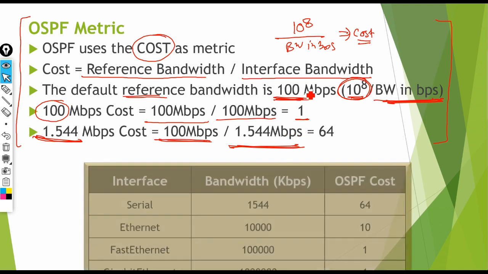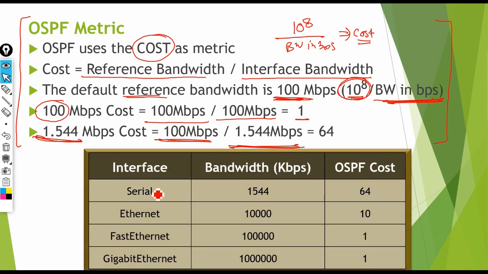For serial interfaces, this is the bandwidth and this is the default OSPF cost. For Ethernet, it's 10 Mbps of speed, so you get 10. For Fast Ethernet it is 1. For Gigabit it is also 1.